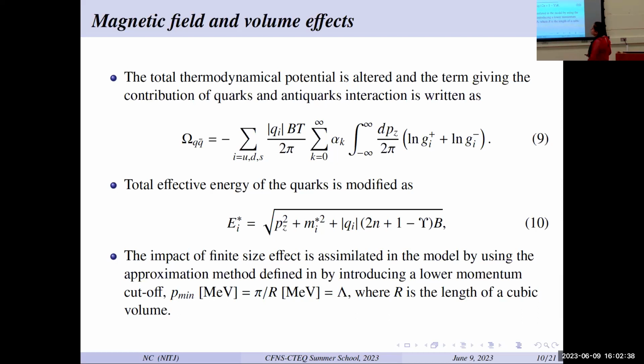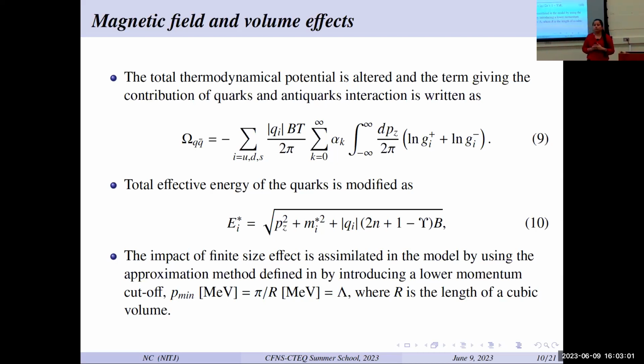So now moving on, how we include the magnetic field and volume effects in our model. So first of all, let me define what volume effects are. Basically here, when the collision happens, usually in our model, we take the momentum integration from minus infinity to infinity, or we can say 0 to infinity, and we are summing over all the momentum states.